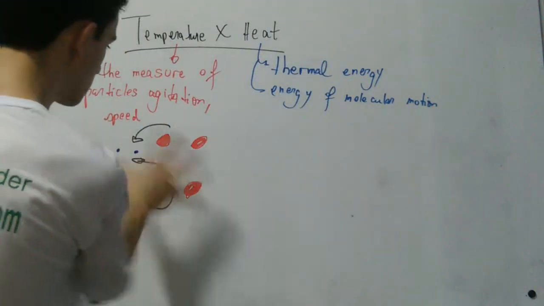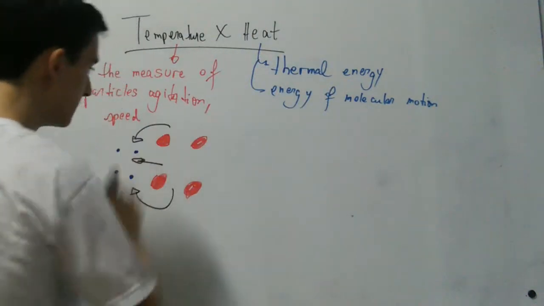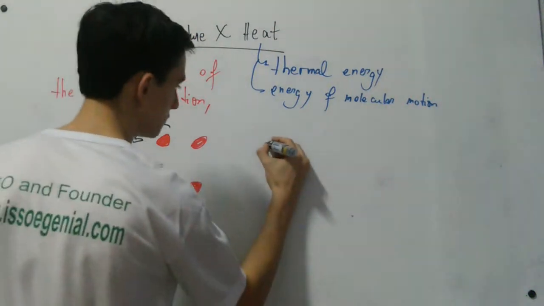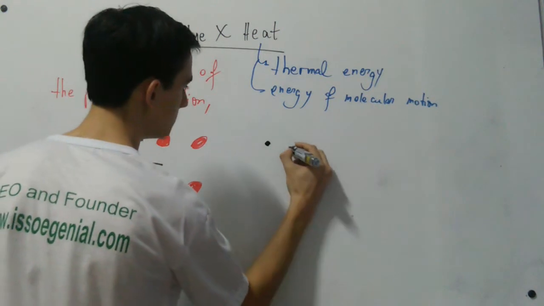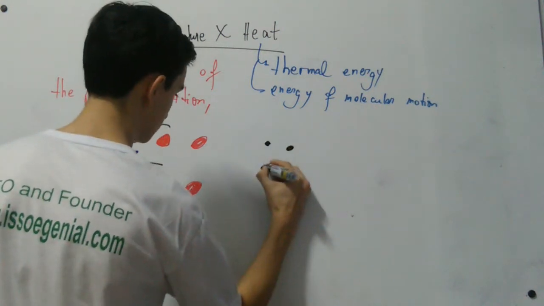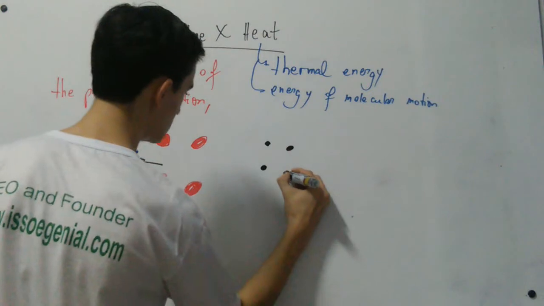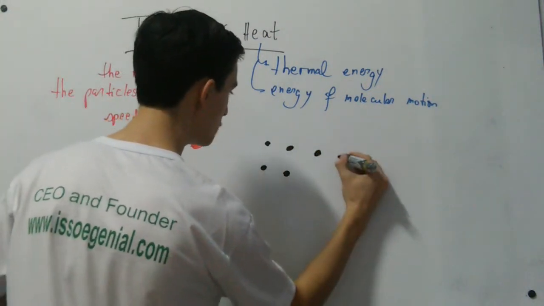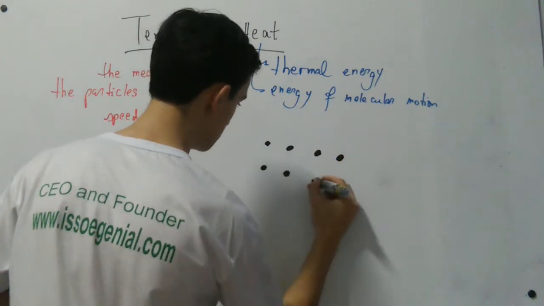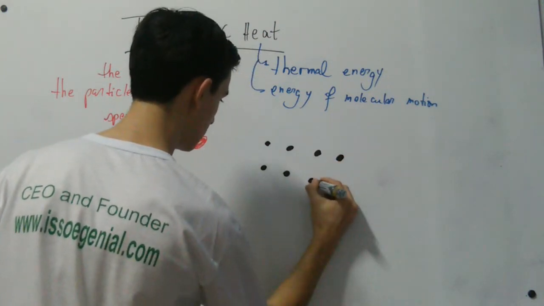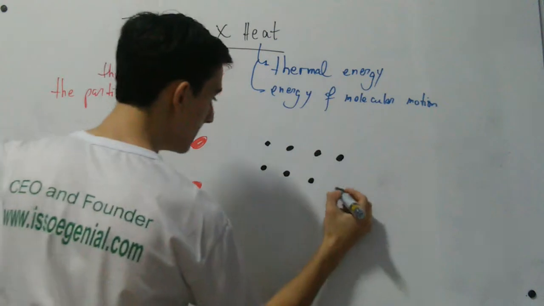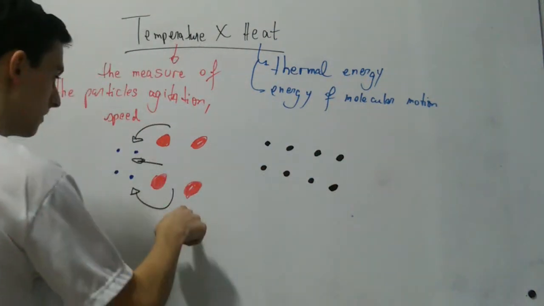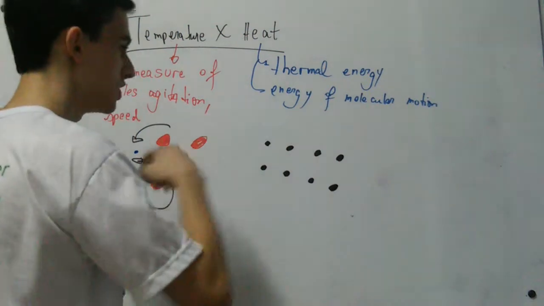So imagine what's going to happen next. After this happens, both objects are going to have the same temperature. So they're going to be something like that. The particles of the objects, after they reach the same temperature, are going to be moving faster than the particles of the initial first object, but slower than the particles of the second object were initially.